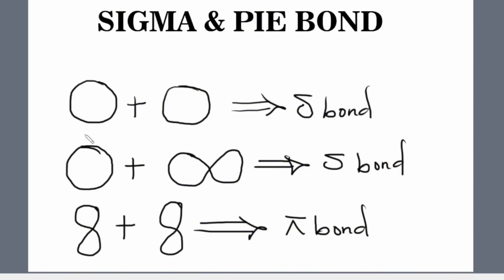And when an s orbital covalently bonds with a p orbital head to head, it gives us a sigma bond. But when a p orbital covalently bonds with a p orbital side to side, it gives us a pi bond.